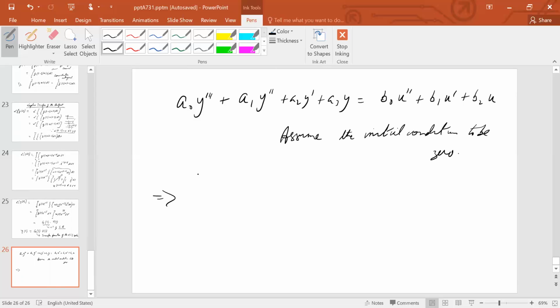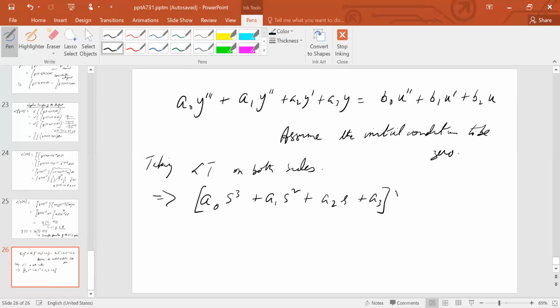If you take the Laplace transform on both sides, what you will arrive at is as follows: a0 s cube plus a1 s square plus a2 s plus a3 times y of s is equal to b0 s square plus b1 s plus b2 times u of s.